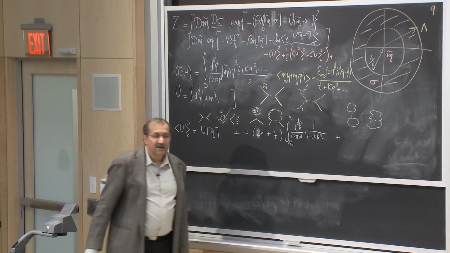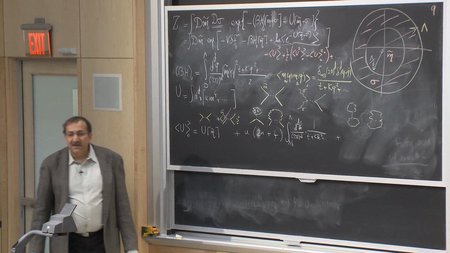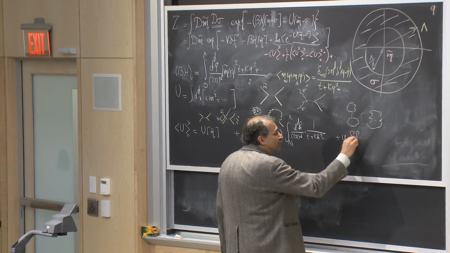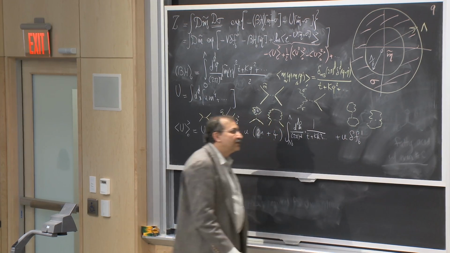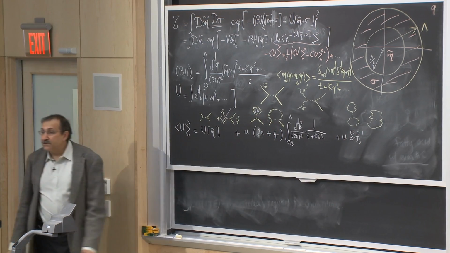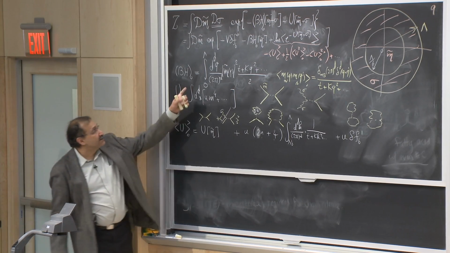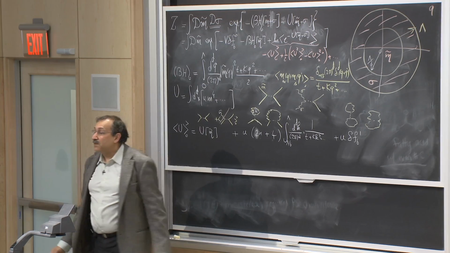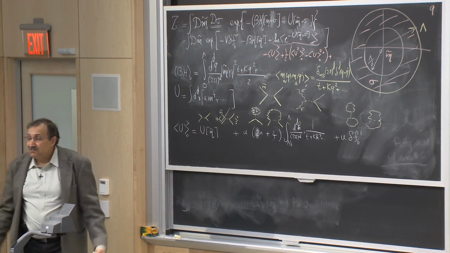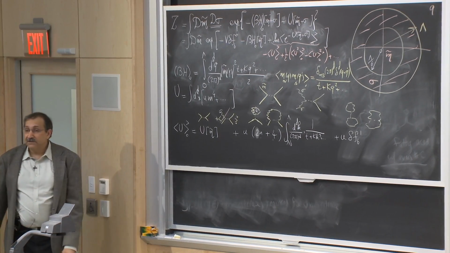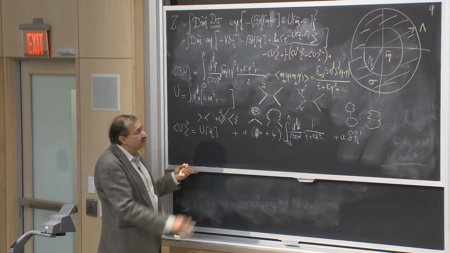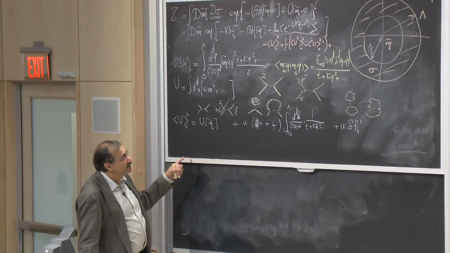And basically, I didn't really have to calculate them, so I just wrote the answer to those things as being a contribution to the free energy, an overall constant, such as the constant that I have over here, but now at the next order in U, but independent of the configurations. Okay? So this was straightforward perturbation.